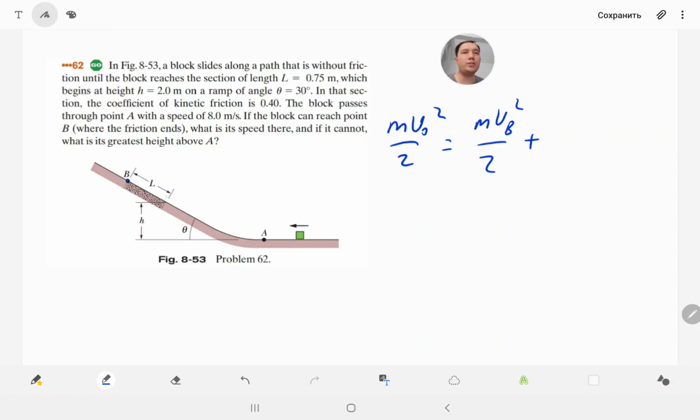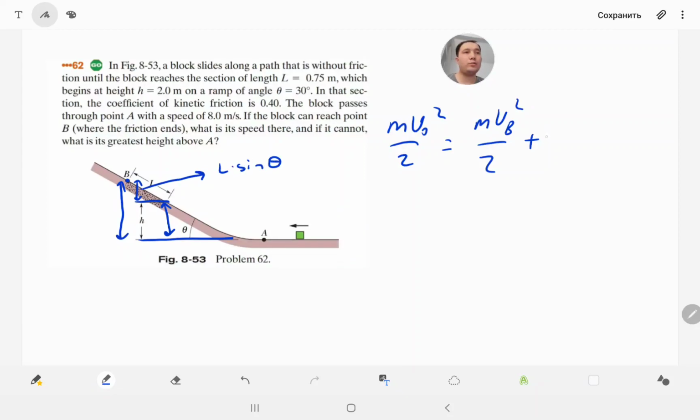This h is given, but we are assuming that it will be moving to point P, so we need the total height. So first we should find this small height, which is equal to L times sine theta.